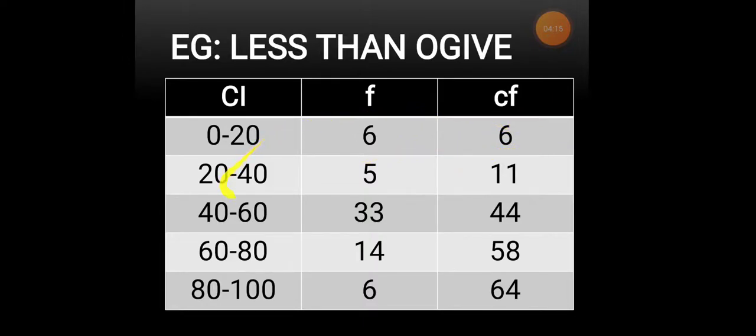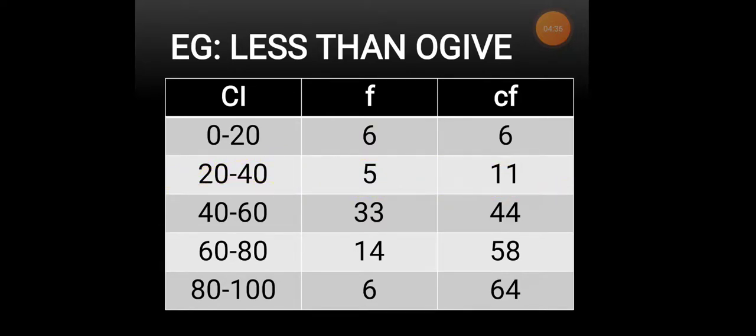The next upper value is less than 40. From the smallest value till less than 40, the whole 0 to 40 we take into consideration. So 0 to 40 is 6 plus 5, that is 11. This is the cumulative frequency of the second class.